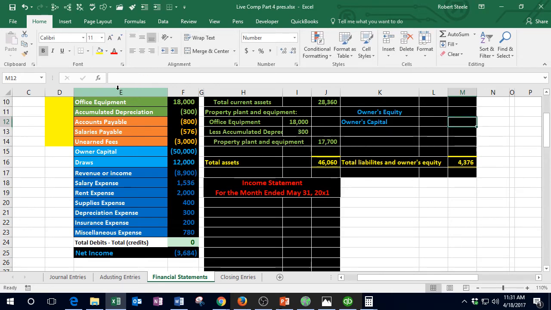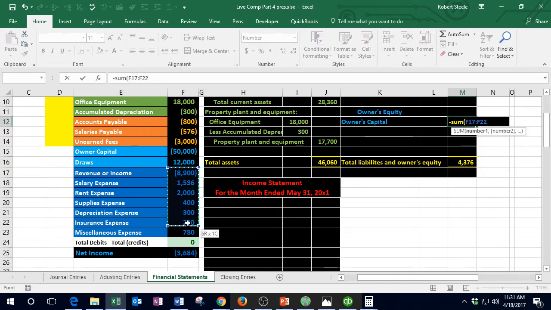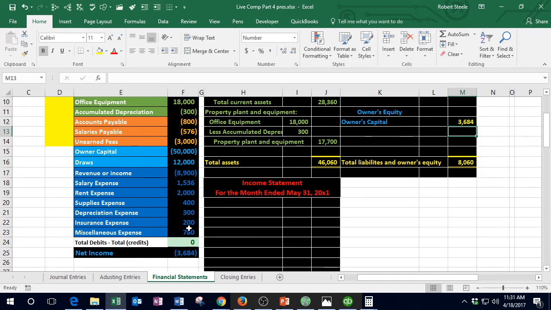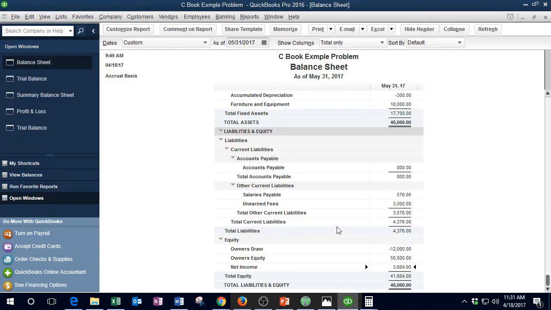And again, if you're in Excel, you could just say negative sum. And Excel will say, oh, that means you want to sum it up and flip the sign, or sum it up and multiply times -1. All right. So there's that number. And if we go back to QuickBooks, then we can see that we have the 12, the 50, and the 3,684 for total equity of 41,684.